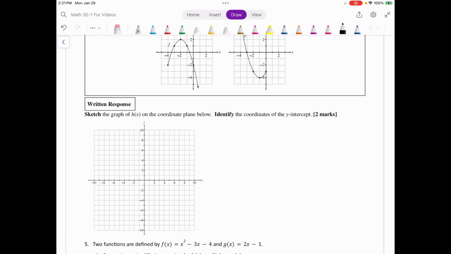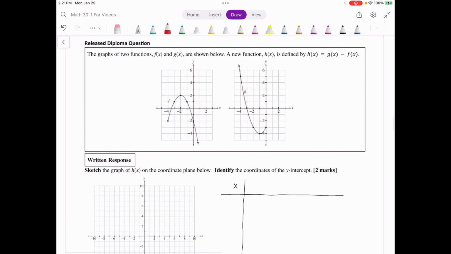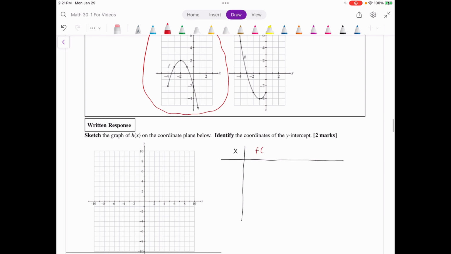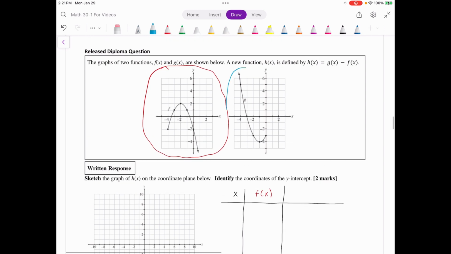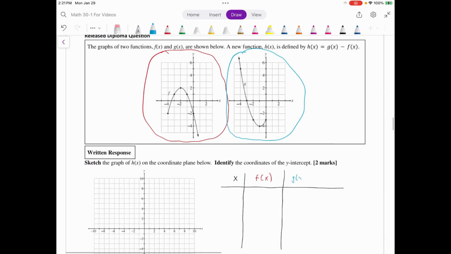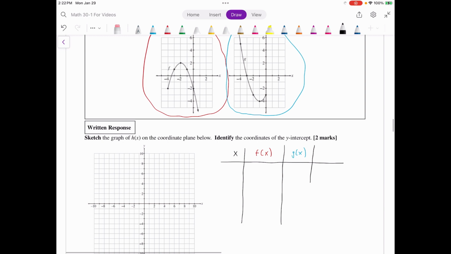So I'm just going to say for some different x's, what is the value of f of x? I'll just do f of x in red to keep it straight. What is the value of g of x? Do that in blue. And then, what is the value of h of x?